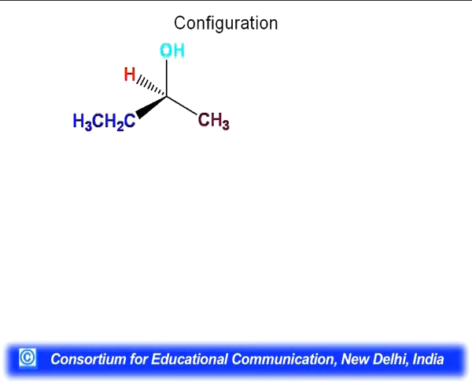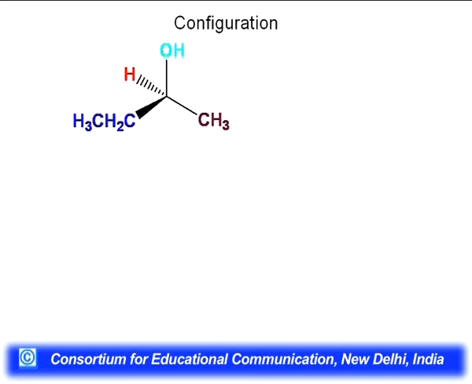So going into the topic of configuration, we have already talked about diastereomers, enantiomers and the various stereoisomers possible for a given optically active, or otherwise chiral, molecule. We are talking about optical isomerism, which depends on the spatial arrangement of atoms.